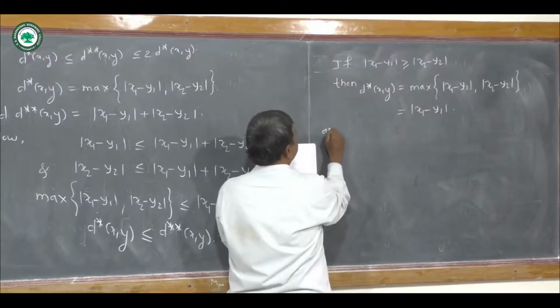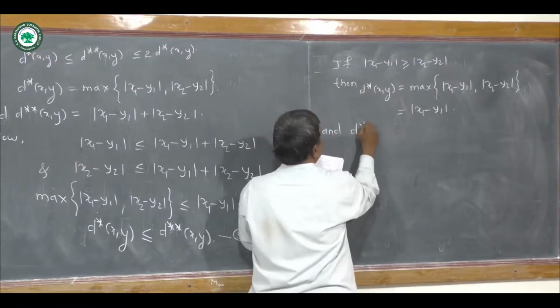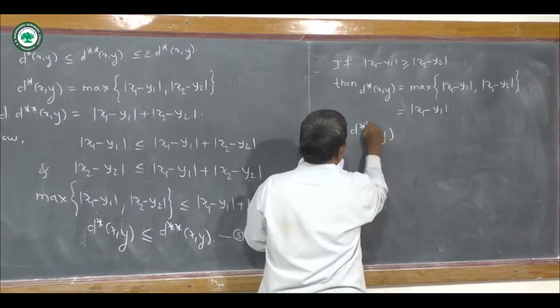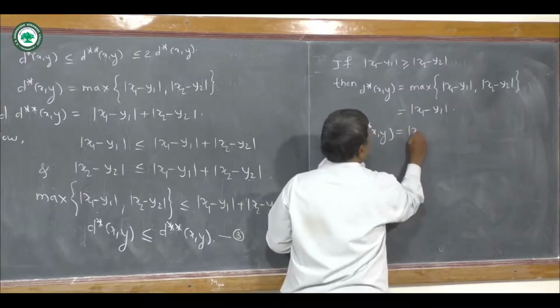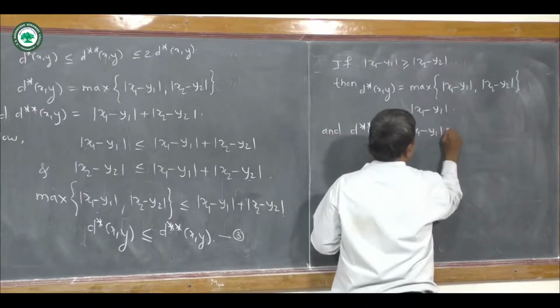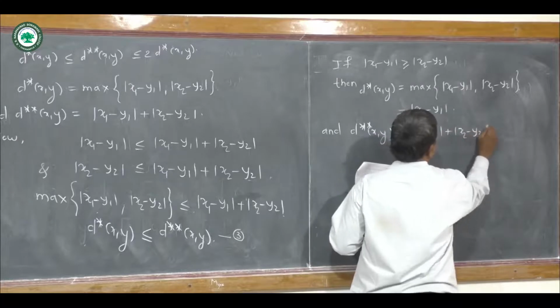Okay, and d star star of x comma y is equal to absolute value of x1 minus y1 plus absolute value of x2 minus y2.